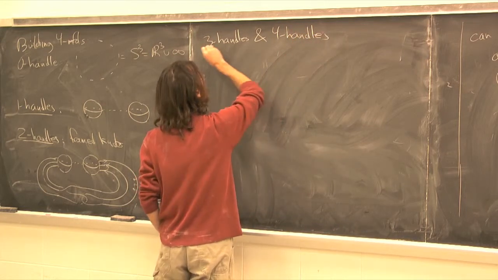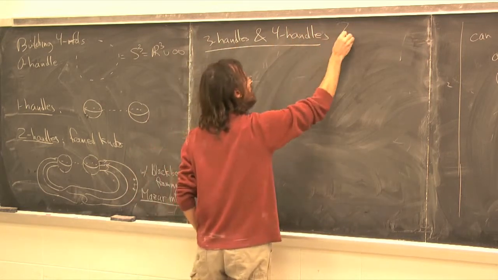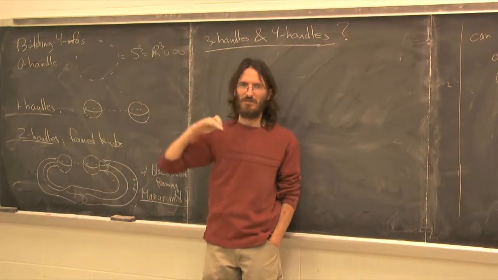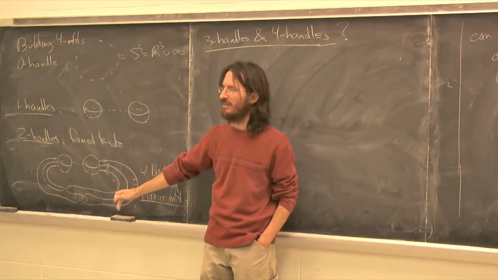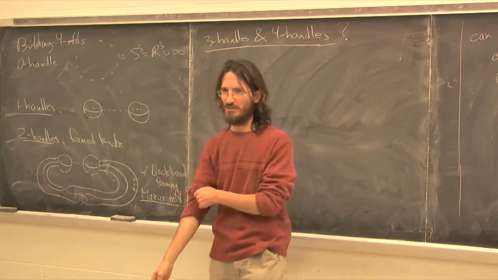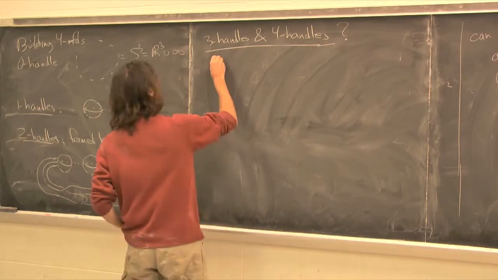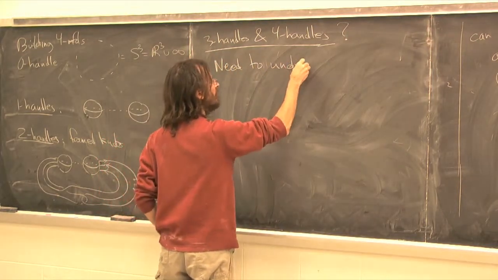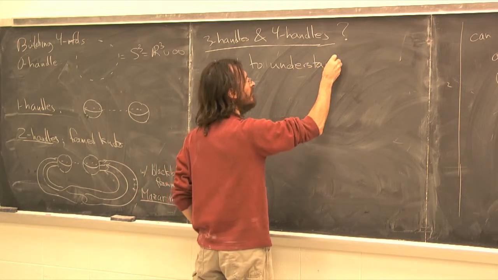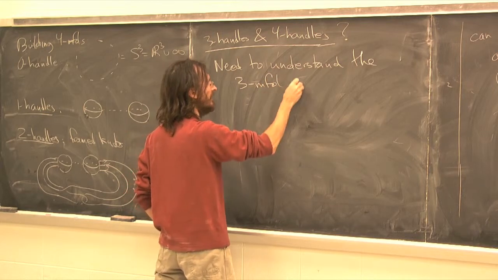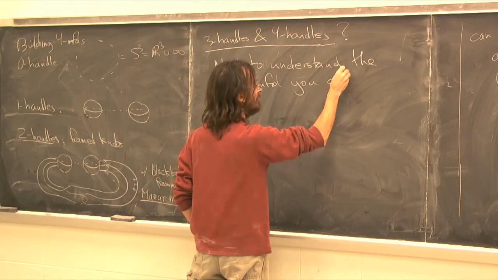Well, what do you need to do? In order to know whether you can cap things off with 3 handles and 4 handles, you need to recognize what 3 manifolds you've achieved after attaching some number of 1 handles and 2 handles. Okay? So you need to understand the 3 manifold you get after attaching 2 handles.